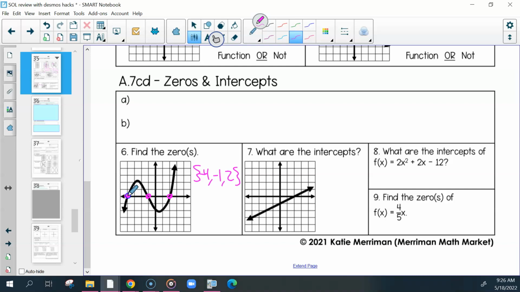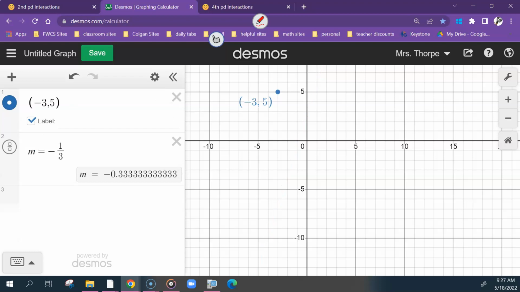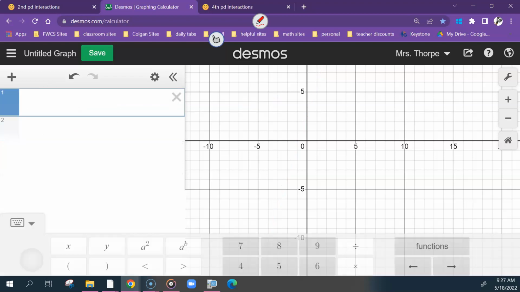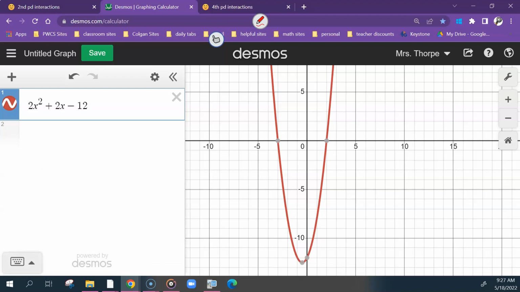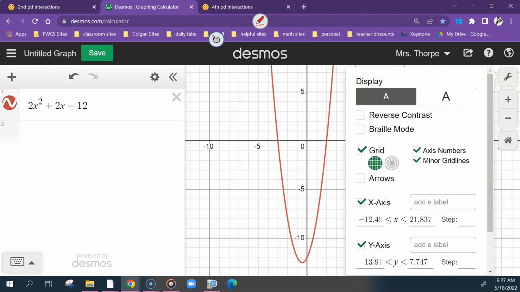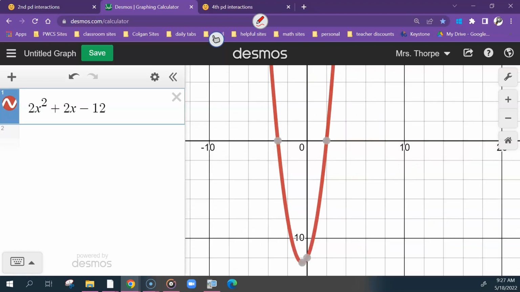For number 8, you would type that into Desmos and see your intercepts. Whatever your function is, click on the function, and it will highlight your intercepts for you, so you just have to figure out what those are.